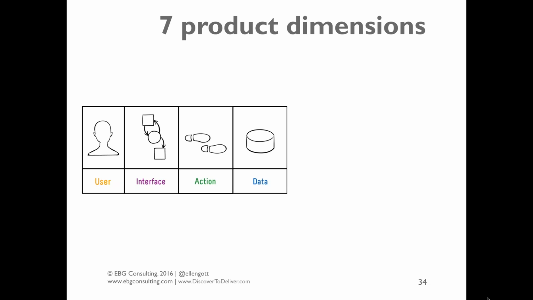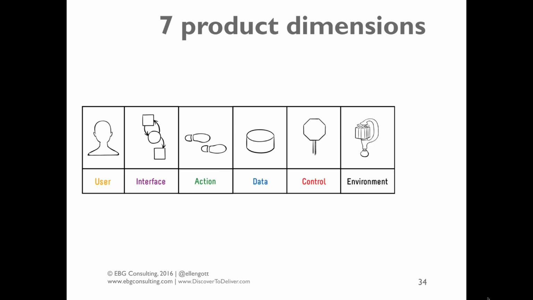The data dimension is the data and information your product retains. The control dimension is the policies, rules, and regulations that your product enforces. The environment dimension is the physical location where users interact with the product, plus technology platforms, hardware and software. For those of you with a physical product, it's also the physical properties of the product.